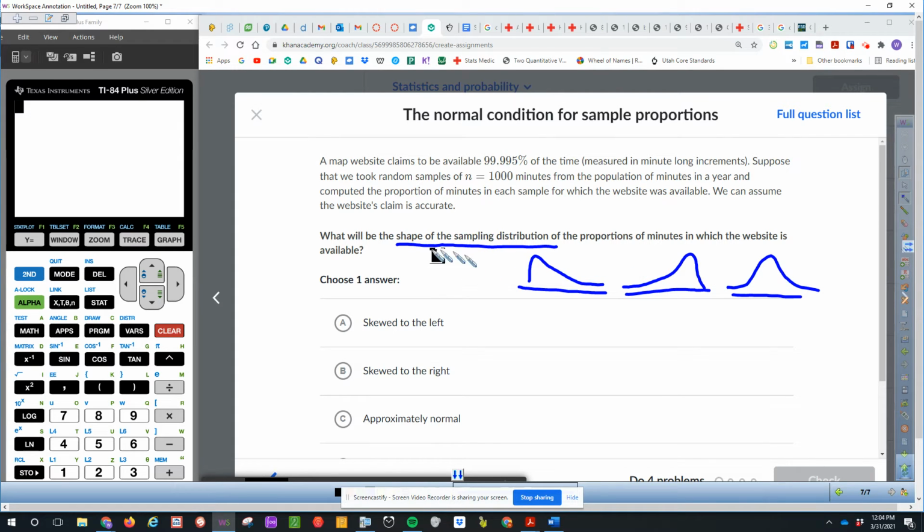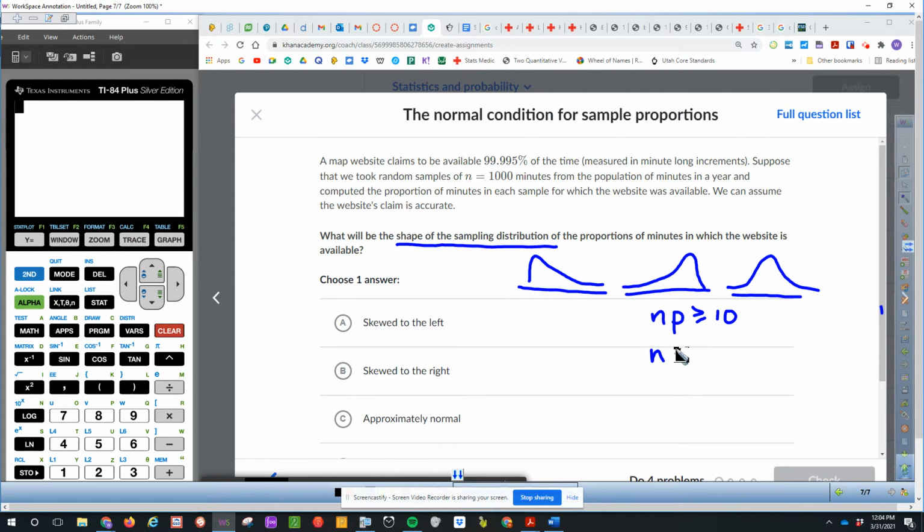Now, to check for the shape, they are basically asking: is it skewed to the left, skewed to the right, or approximately normal? And there's a way to check. We check by doing n times p. Is that greater than or equal to 10?